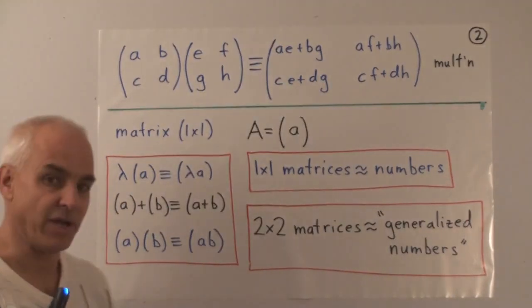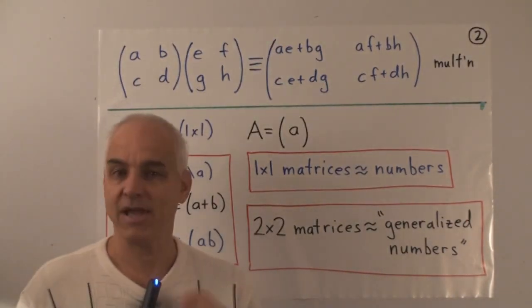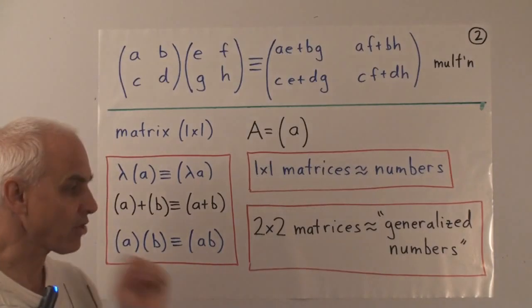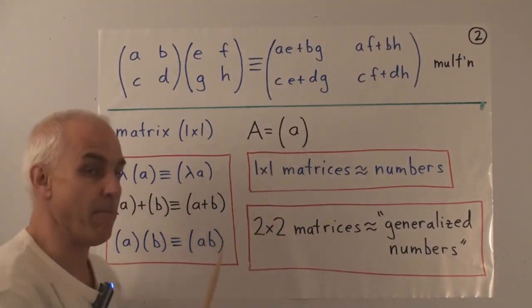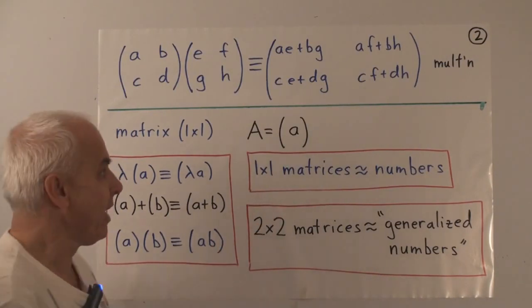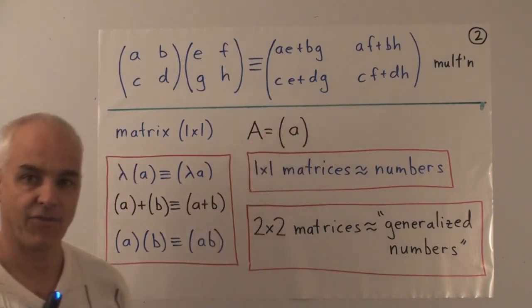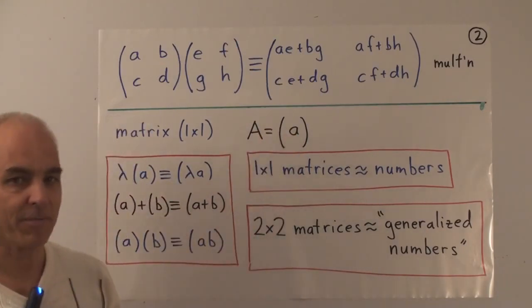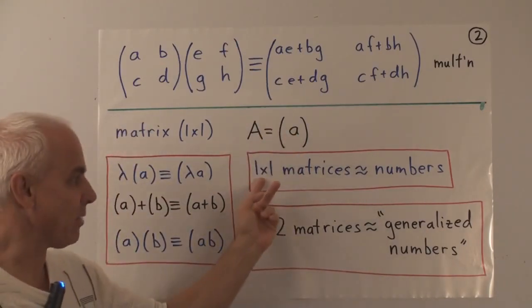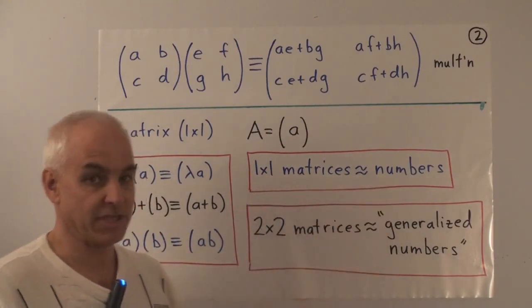A 1x1 matrix is almost the same thing as a number, but not quite. So here is a 1x1 matrix. It consists of a number, A, enclosed in round brackets. The round brackets mean that it's not quite a number. But we can see that 1x1 matrices are essentially numbers, except for the brackets.